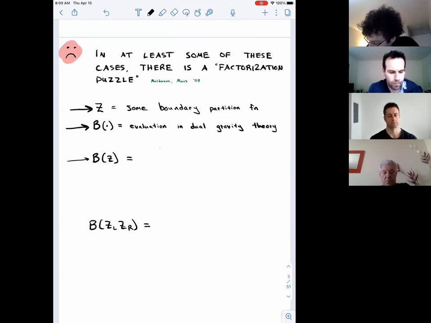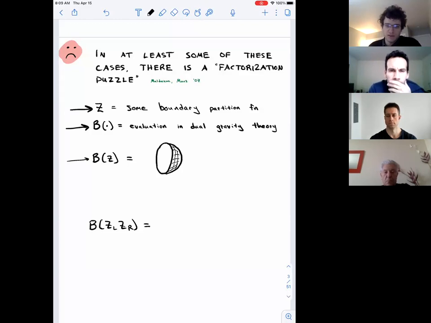For example, if that partition function is an S1 partition function, like a trace of e to the minus beta H, then evaluating it in the bulk might involve finding a two-dimensional surface that has that circle as its boundary, and then computing the gravity path integral on that surface. So the operation B of Z means: fill that boundary in with some bulk geometry.